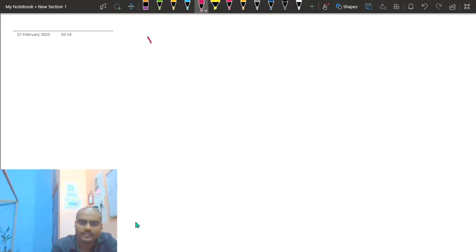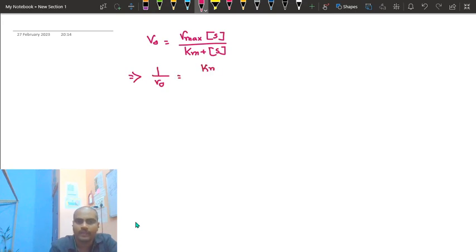The Michaelis-Menten equation is V0 equals Vmax times the substrate concentration [S], divided by Km plus [S]. Okay, so this is the simple Michaelis-Menten equation. Now you just have to do some derivation: 1 by V0 is equal to Km plus [S], divided by Vmax times [S]. We can write it as Km divided by Vmax times [S], plus [S] divided by Vmax times [S].